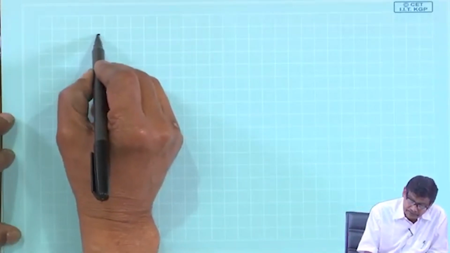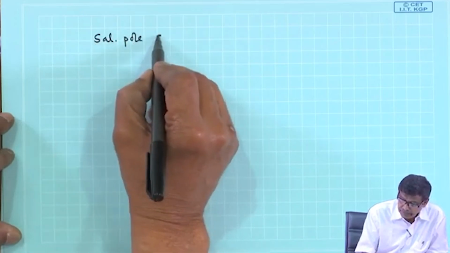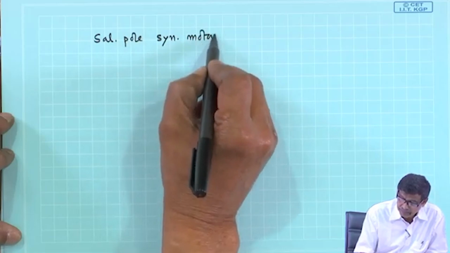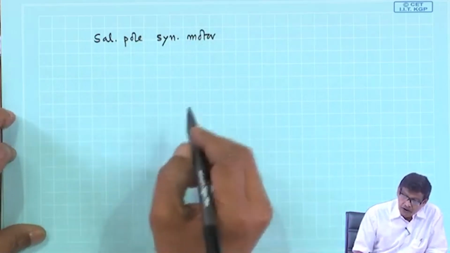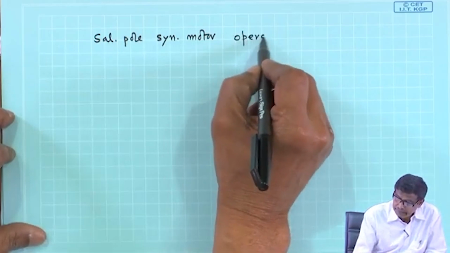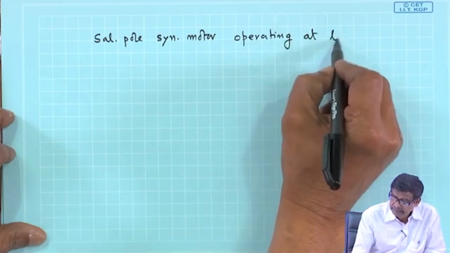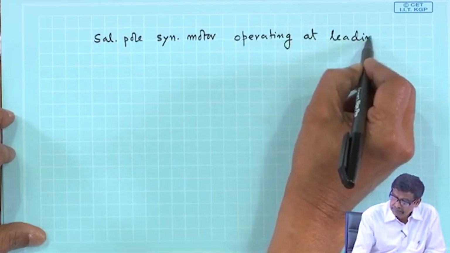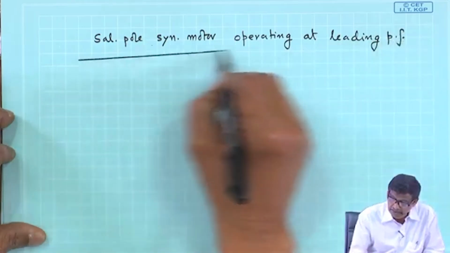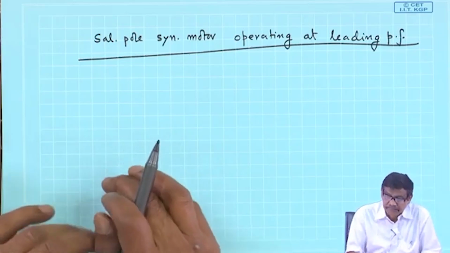I am a salient pole synchronous motor operating at leading power factor. I want to draw the phasor diagram correctly and quickly, that is the thing.